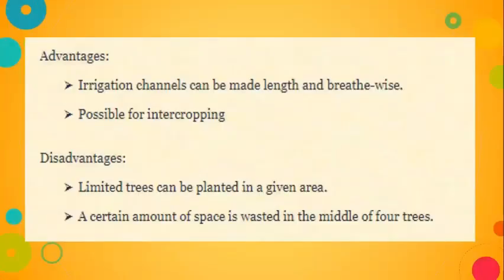Okay. And the advantages are irrigation channels can be made lengthwise and breadthwise, possible for intercropping. But the disadvantages, limited trees can be planted in a given area, and a certain amount of space is also wasted in the middle of four trees, same as square method.